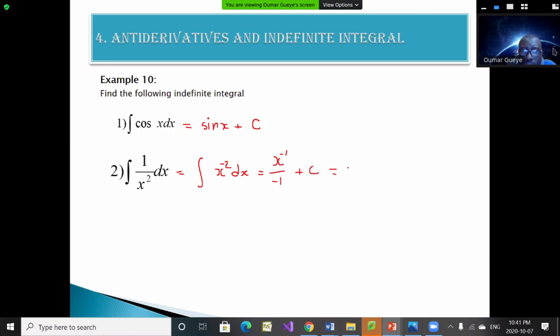And again, this is equal to minus 1 over x, plus c. And you're done. Is it okay?